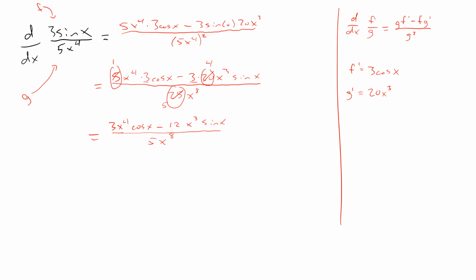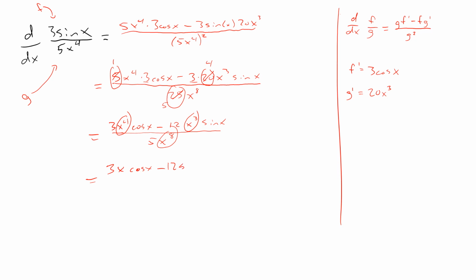The other thing I can reduce here is that all 3 pieces have an x raised to some power, so I want to take what's in common and reduce. The most I can pull out of all 3 of these is an x cubed. If I reduce all of these by an x cubed, I'm left with 3x to the first power for this first term, minus 12 sine x, since the x cubed is completely removed from this one.